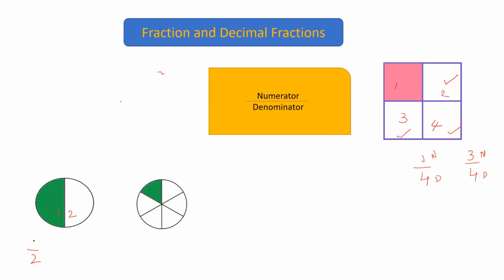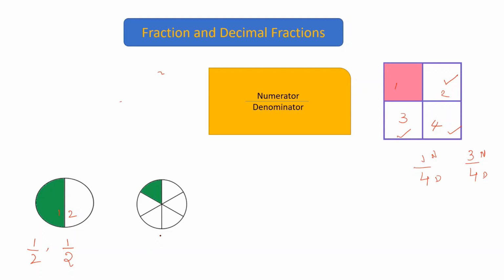Only one part. So 1 in the numerator. Now write the fraction for the unshaded parts. Denominator 2, total number of parts 2, and the unshaded part is also 1. So 1 by 2. Here we divided a circle into 2 equal parts. One part is the shaded part and the other one is the unshaded part.